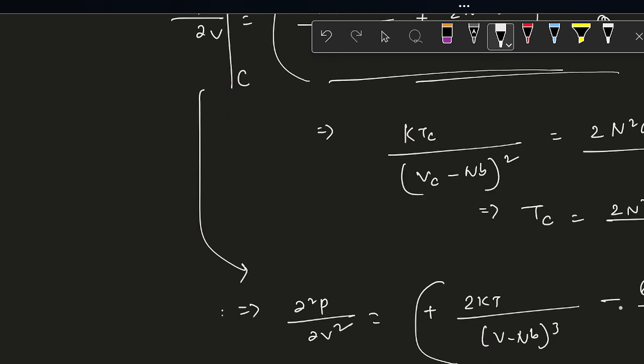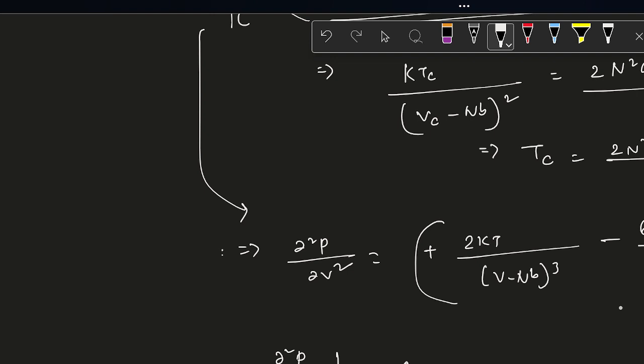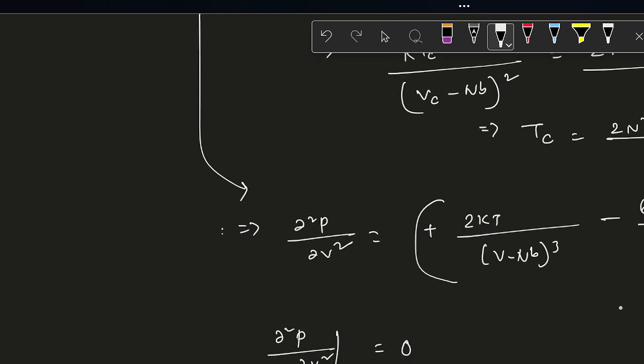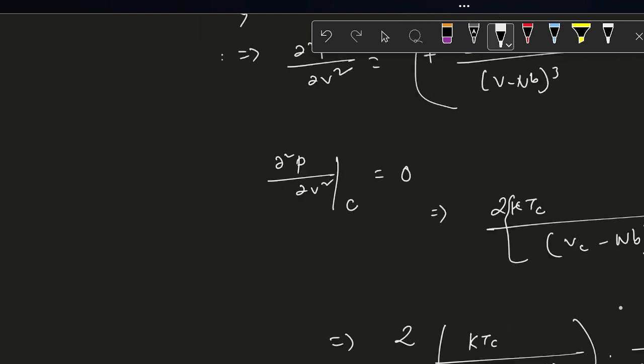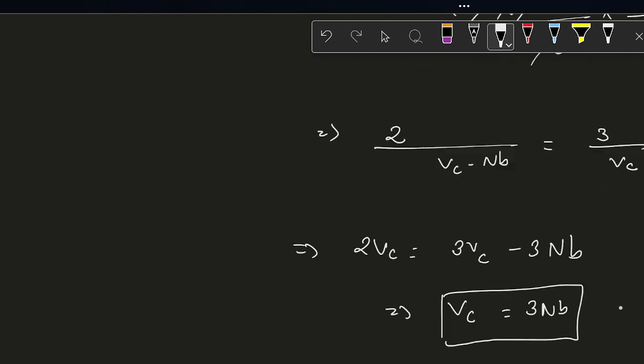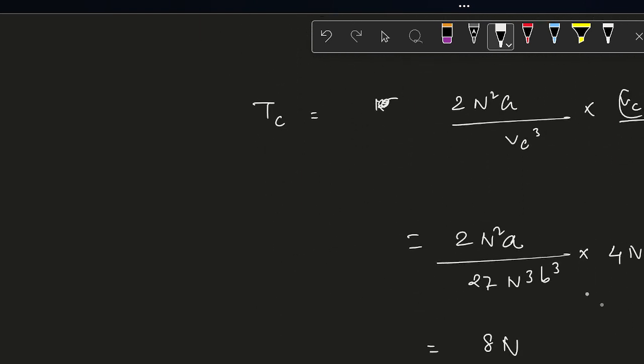So n squared a by 27 n cube b cube into 4 n squared b squared. I think some n factor is, let us see, 8. This is n because n cube is here, n a divided by b squared and b is b, 27b.